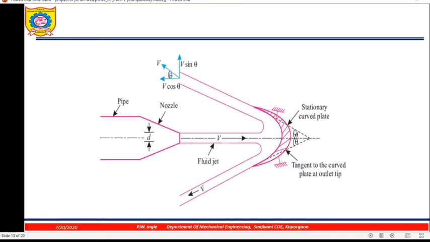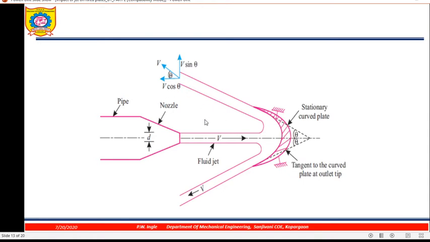Now see, this is theta angle, and this angle from this point to this point is nothing but the angle of deflection of jet. The angle by which the jet gets deflected at outlet. This complete angle from this point to this point is 180, so 180 minus theta.